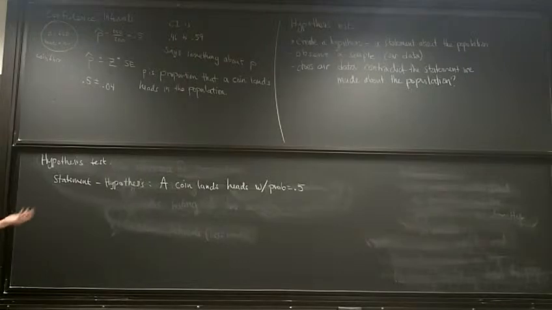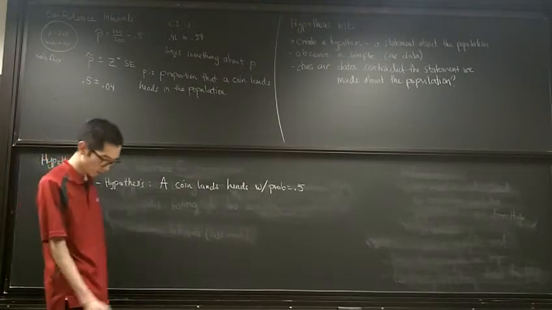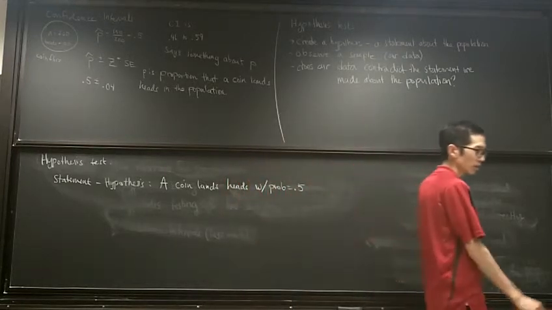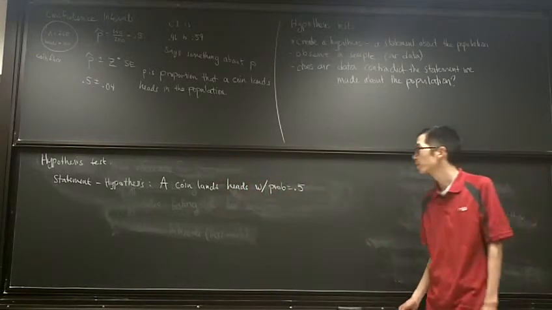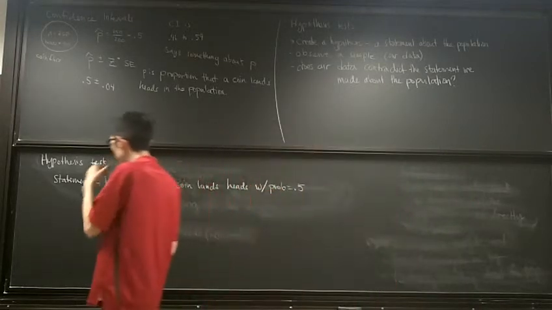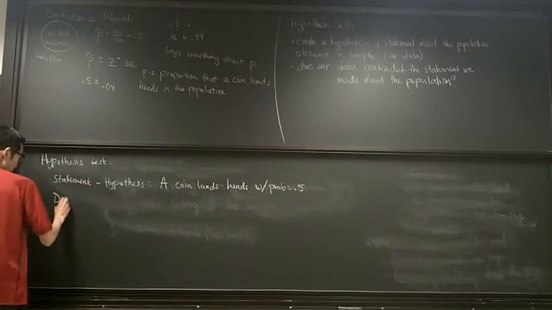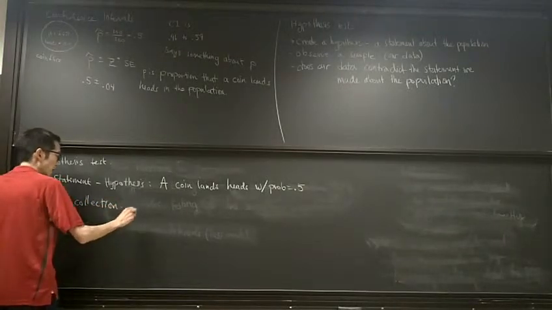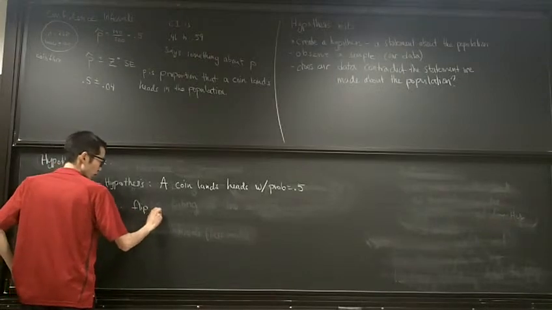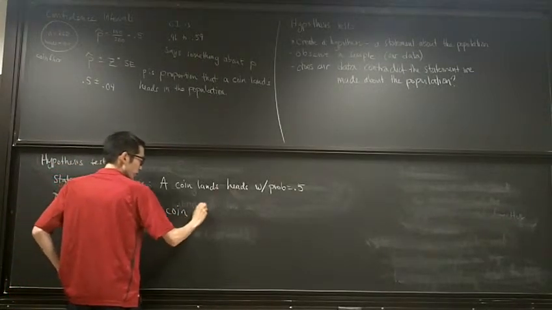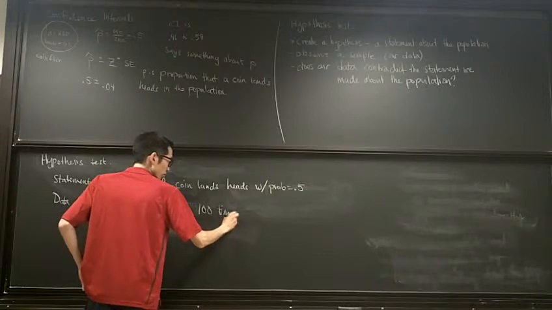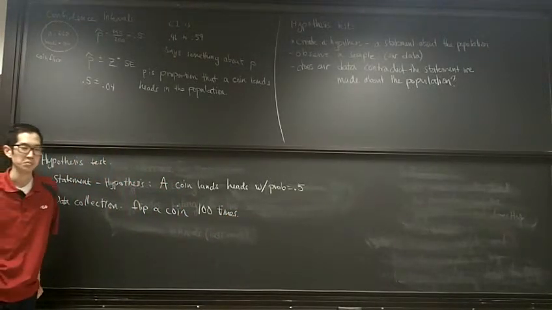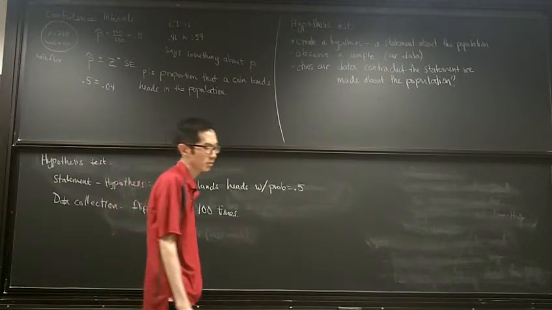And someone says, well, let's see if this makes sense. So we go out and we flip a coin. Let's say we flip a coin 100 times. So we observe some data. How many times will this coin land heads? 50%.